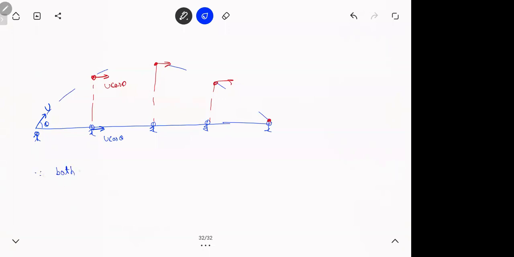So the expression would be like this. Since both cover the same horizontal distance in the same time, see, I'm not saying that speeds will be the same. That will be a wrong statement. They have the same horizontal speed. Because for the ball, there is also a vertical component.